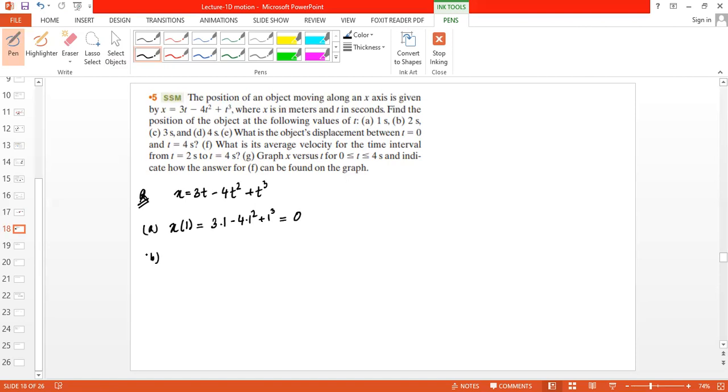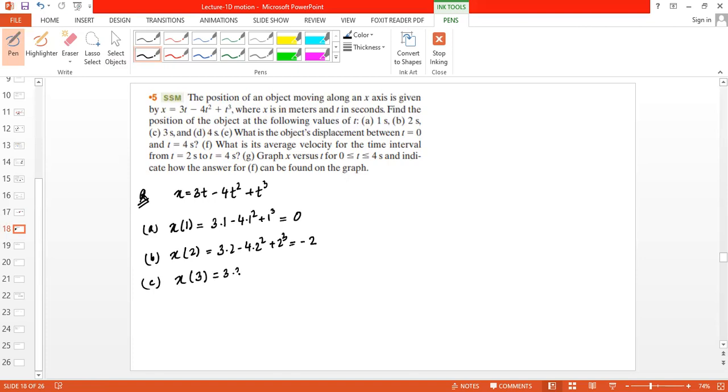And then I have to find x at time t equal to 2 seconds. That is 3 into 2 minus 4 into 2 square plus 2 cube. It is equal to 6 minus 16 plus 8, that should be equal to minus 2. And for C, I have to find the position at time t equal to 3 seconds.